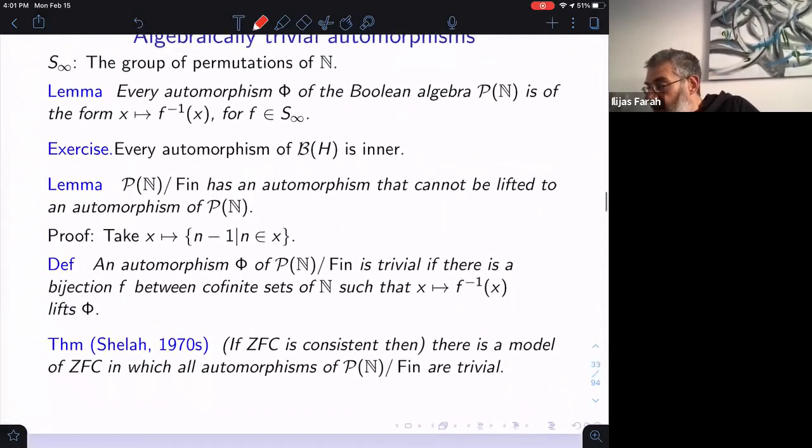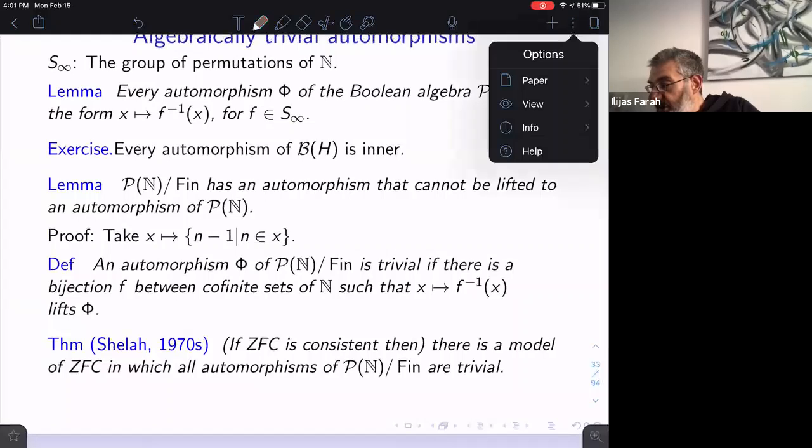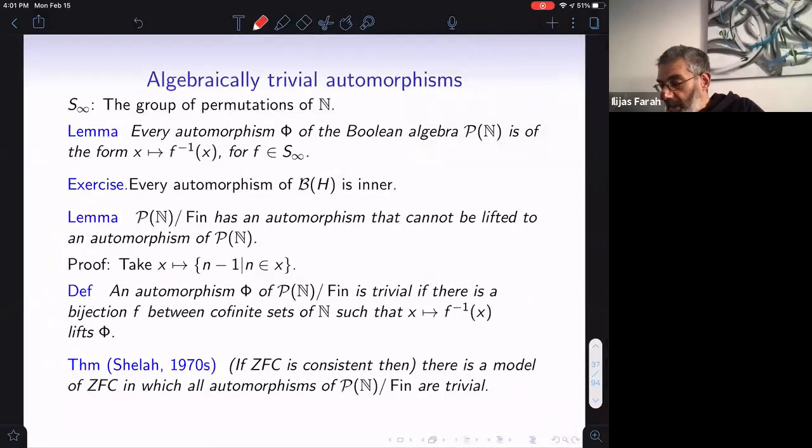And here is a remarkable result of Shelah from, I'm not sure, I think it's 1979 or something like that. If ZFC is consistent, then there is a model of ZFC in which all automorphisms of P of n mod finite are trivial. In particular, there are only 2 to the aleph-0, only continuum many, automorphisms of P of n mod finite in that model.